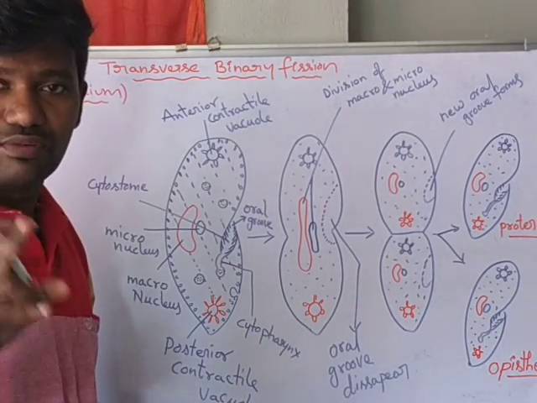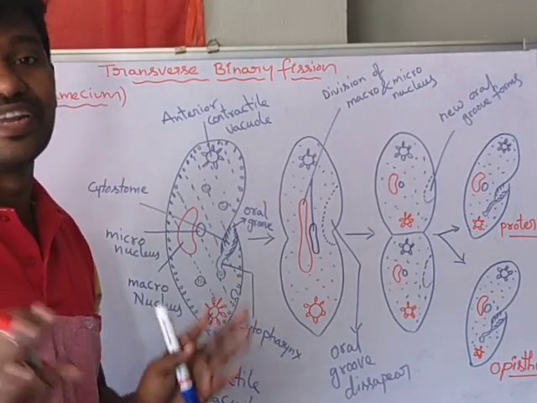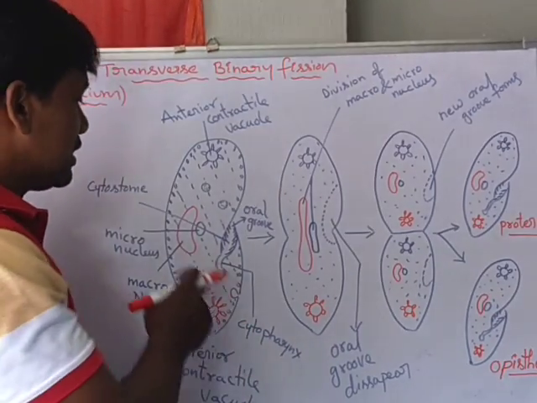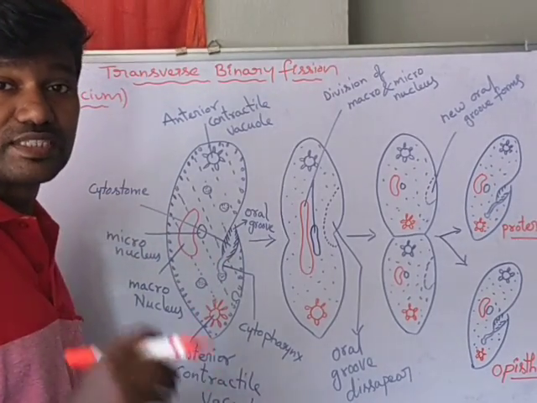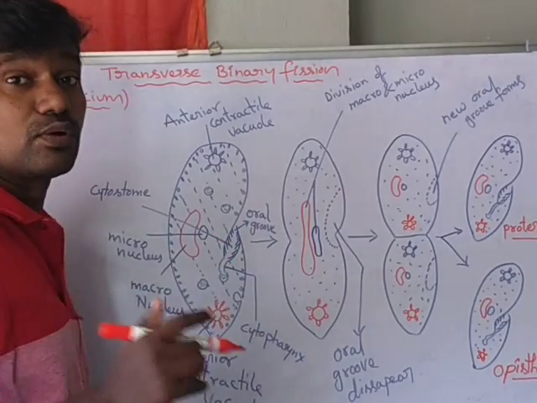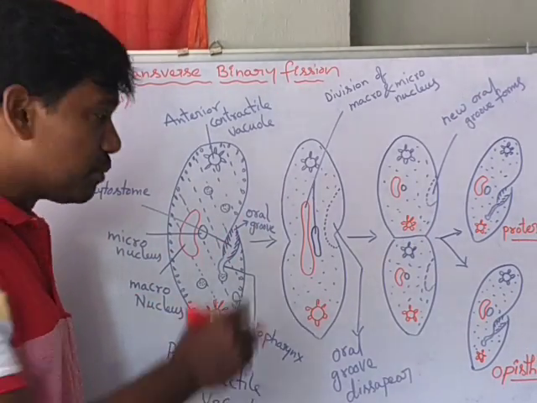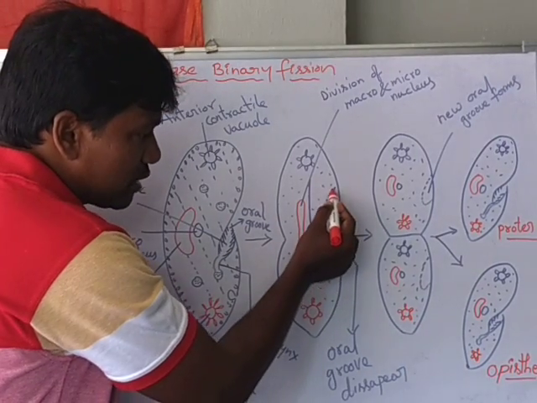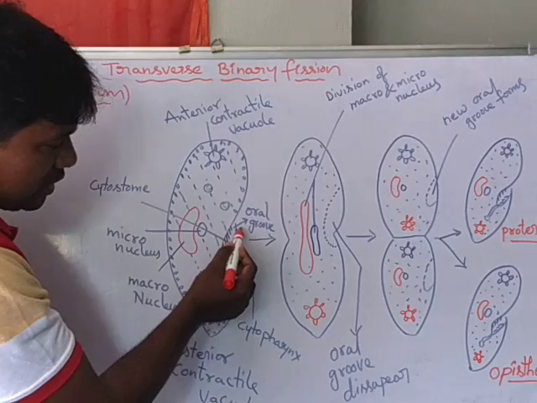It stops feeding, and the paramecium contains two nuclei: one is the macronucleus and one is the micronucleus. Before that, this is the structure of the oral groove.